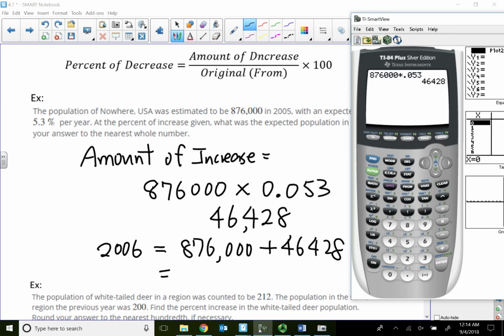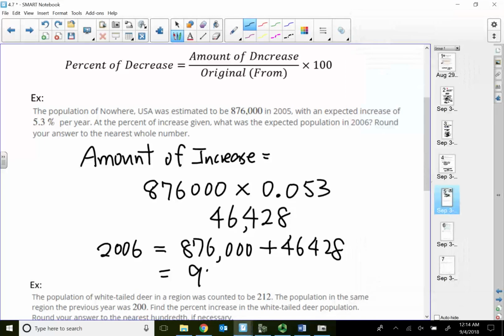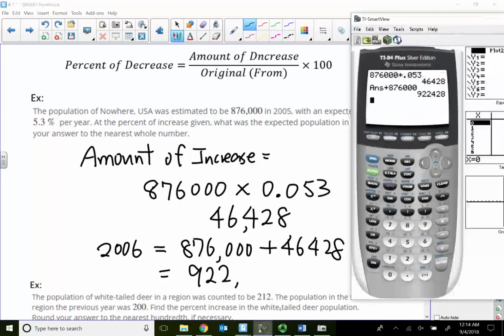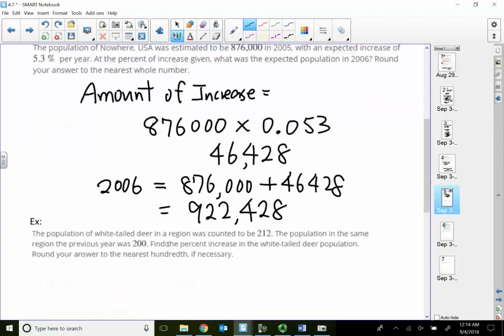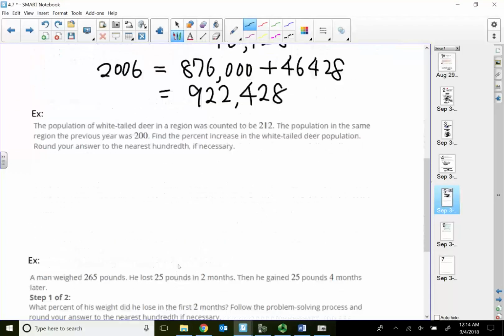So my increase plus 876,000, we're expecting to have 922,428 people. All right, that's not so bad. Let's look at another example.